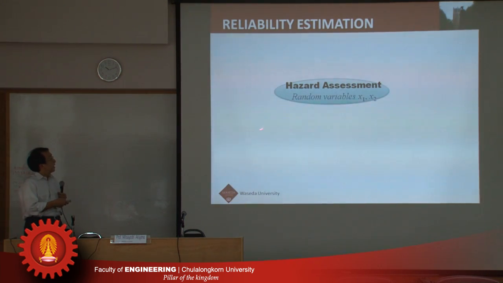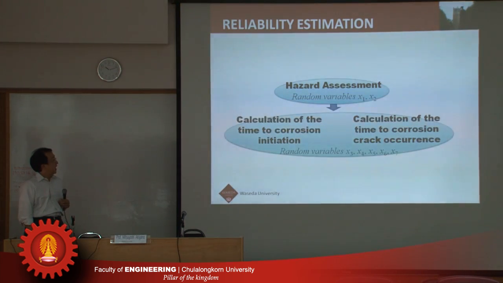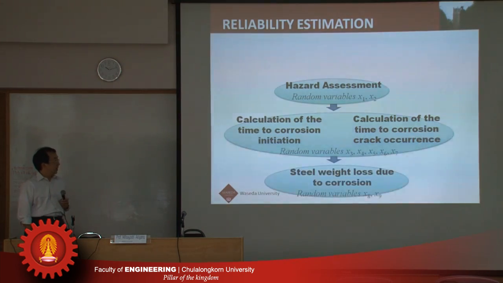As I explained, hazard assessment associated with airborne chloride uses two random variables, wind speed and the ratio of sea wind to land wind. And the calculation of the time to corrosion initiation, time to corrosion crack occurrence, and steel weight loss due to corrosion.